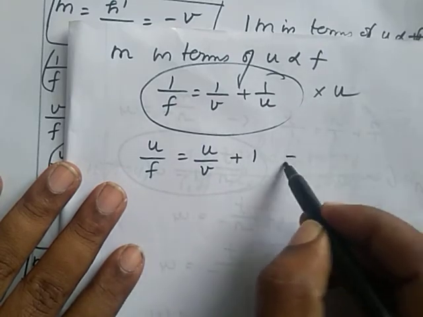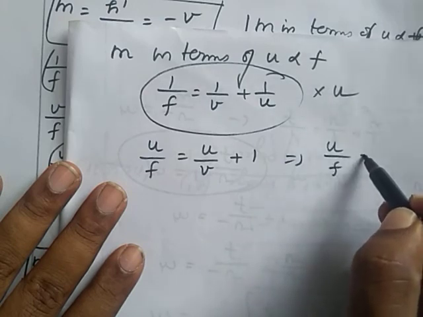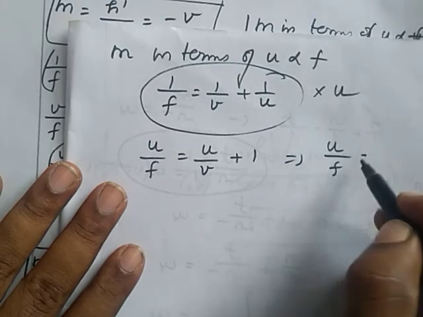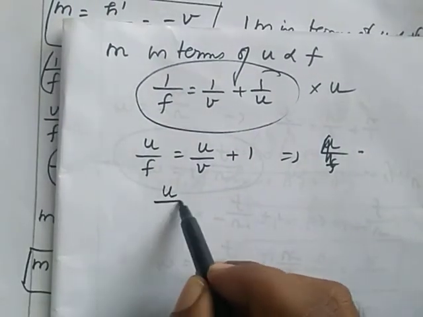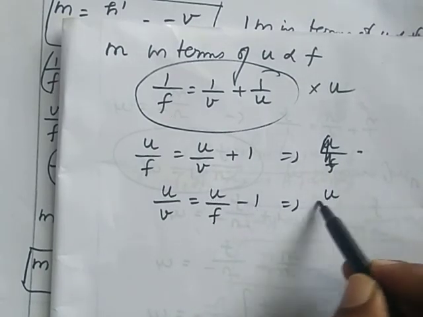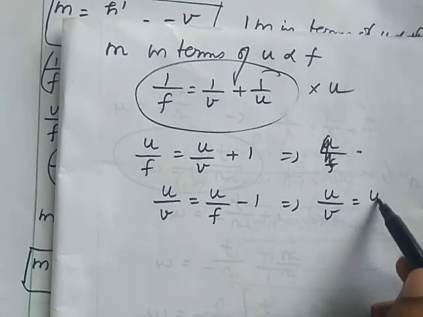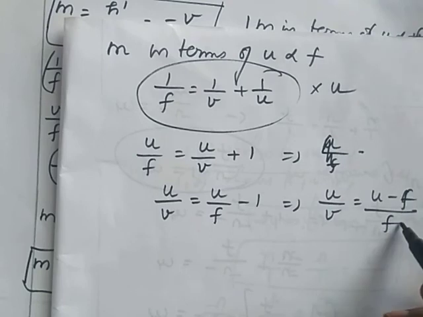On solving this, we need u by v. U by v is equal to u by f minus 1. On solving this, u by v is equal to u minus f by f.